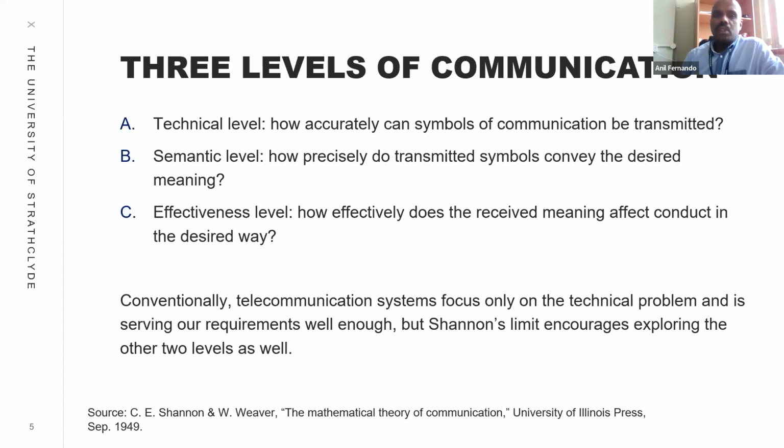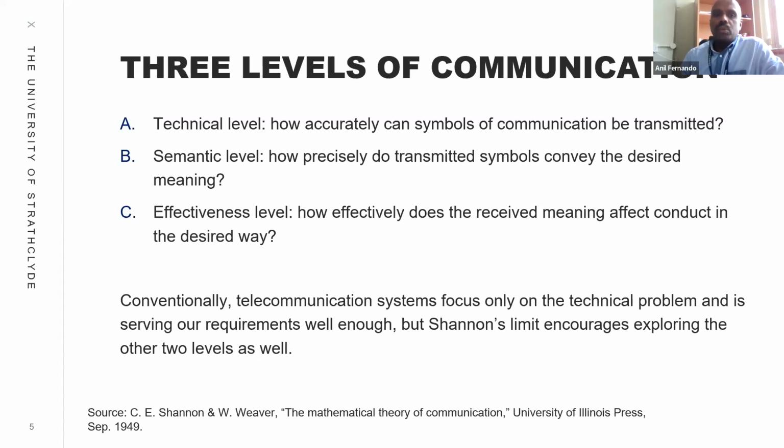When you transmit a signal from A to B, we create symbols using modulation, and the symbols are carried over the noisy channel. At the receiving side, we try to reproduce these symbols and regenerate the signal, which is quite close to the original signal generated at the transmitter side. This is called the technical level of transmission.